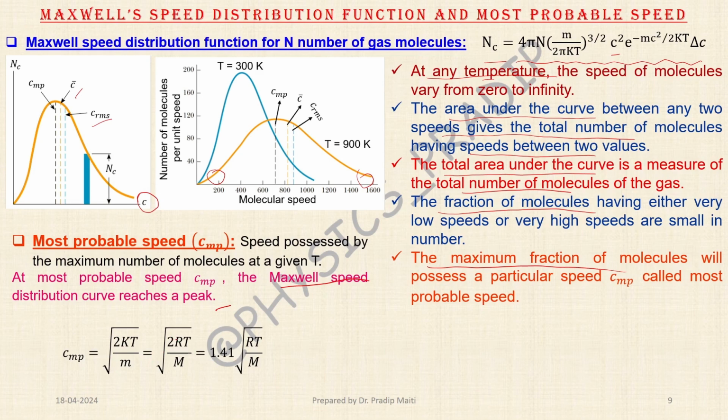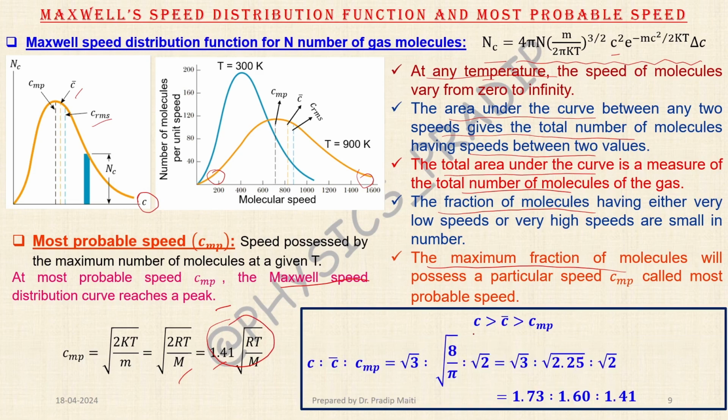So it is also given by root 2RT by m. Root 2 has the value 1.41, so its value is 1.41 into root RT by m. If we compare average speed, RMS speed, most probable speed, then the value of RMS speed is greatest, after that the average speed, and after that the most probable speed.